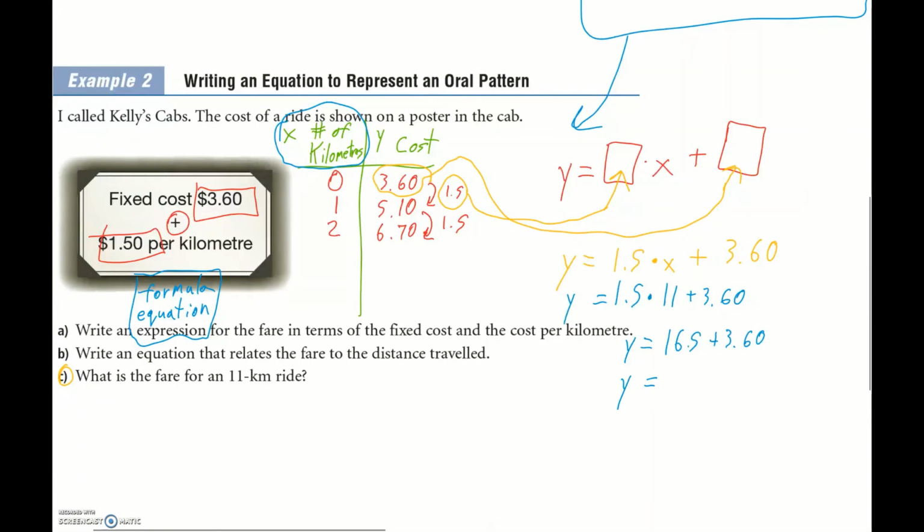Now we have $20.10, and that is how much money it takes. $20.10. So if you follow down every step, you just basically make an equation, and this is basically what we're going to be doing for almost the entire unit.